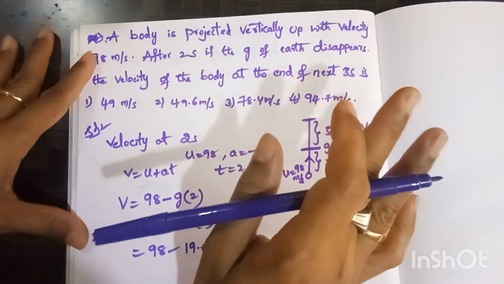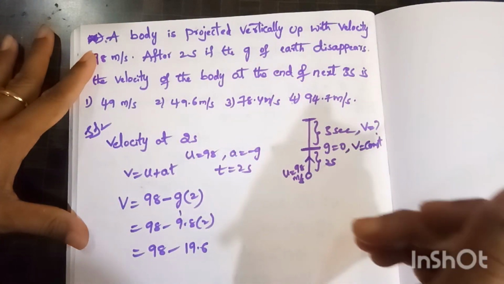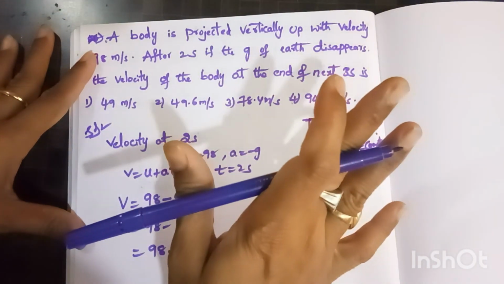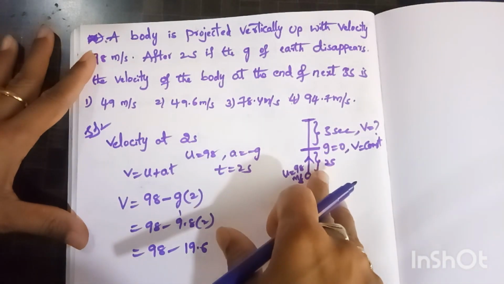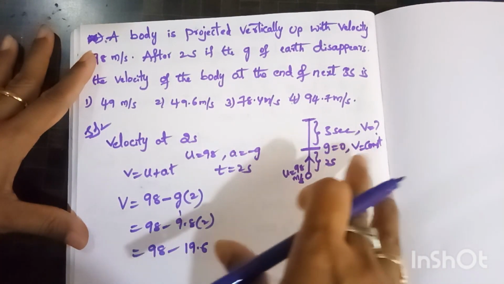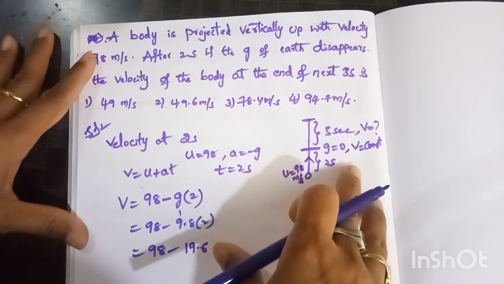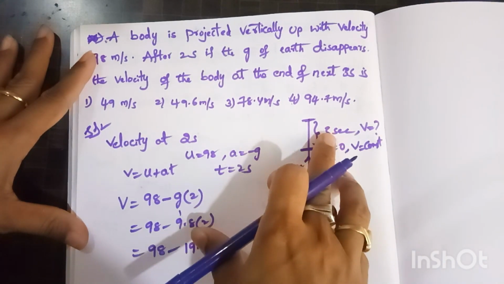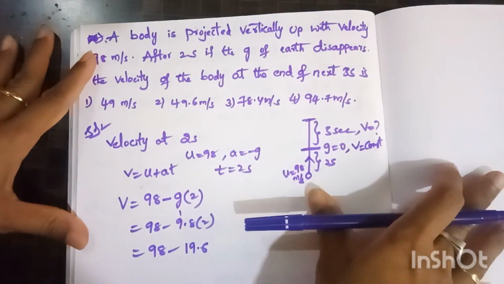As we all know, when an object is thrown vertically upward, the velocity decreases. But when acceleration due to gravity ceases, the velocity becomes constant. From that point, the object moves with a constant velocity and reaches the maximum height.